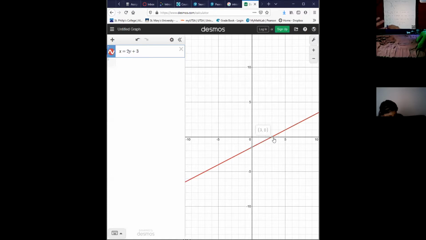When y is 0, intercept. So 3 comes y intercept. 0 comes. Go to the y-axis, touching the x-axis. Touching the y-axis.